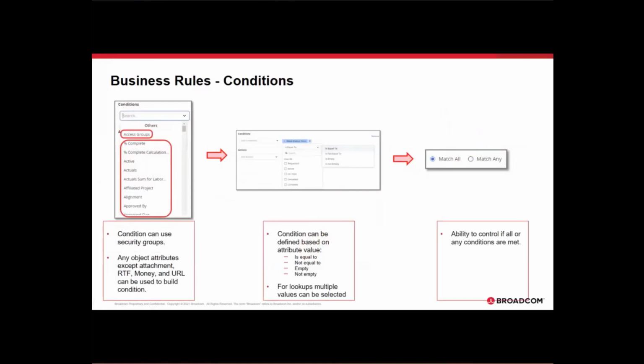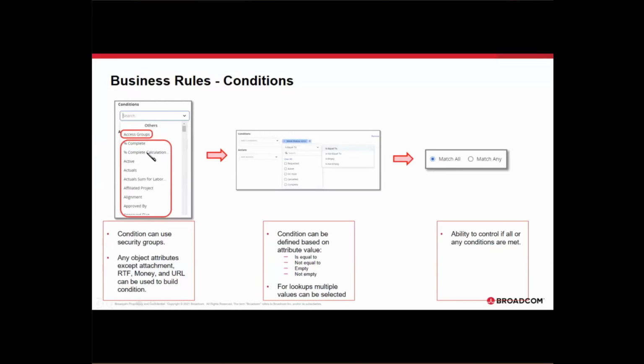Let's look at the condition a little bit more in detail. Going from left to right, when defining the conditions for the rule, you can define the condition based on either access groups. So you can say that if a certain user that is reviewing the object instance belongs to an access group, then the actions should be fired.